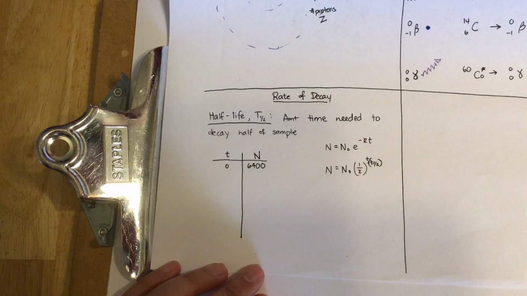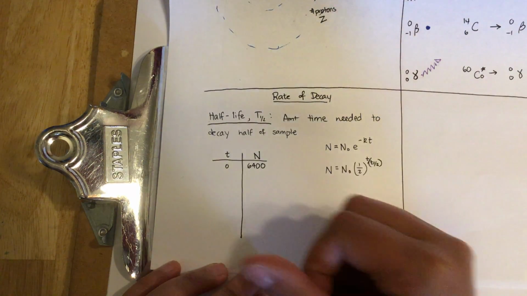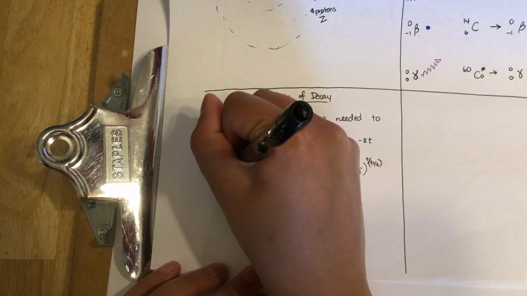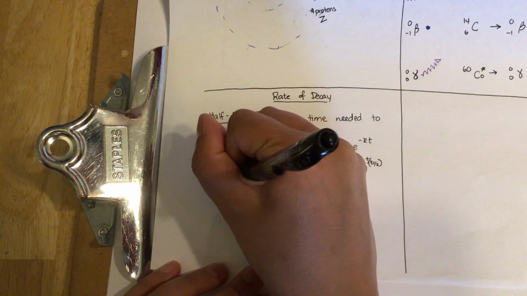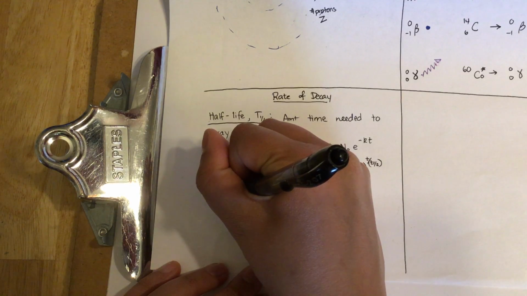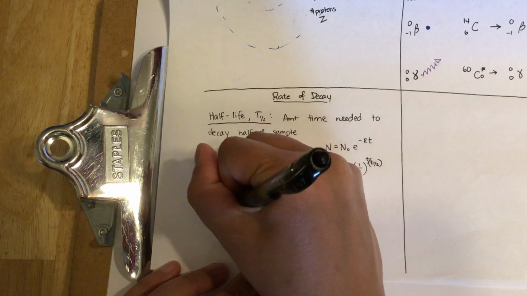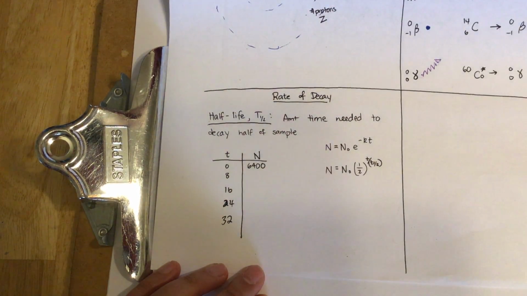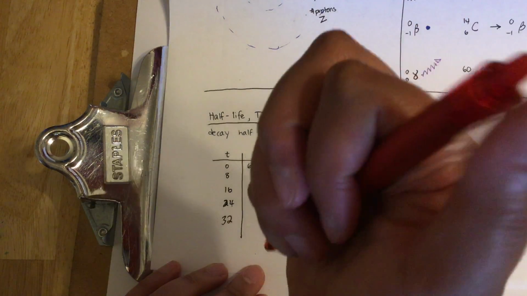We'll reword it. With a half-life of 8 days, how much is left after 32 days? Oh, man. Got this. Okay. So if the half-life is 8 days, we'll put that in red.